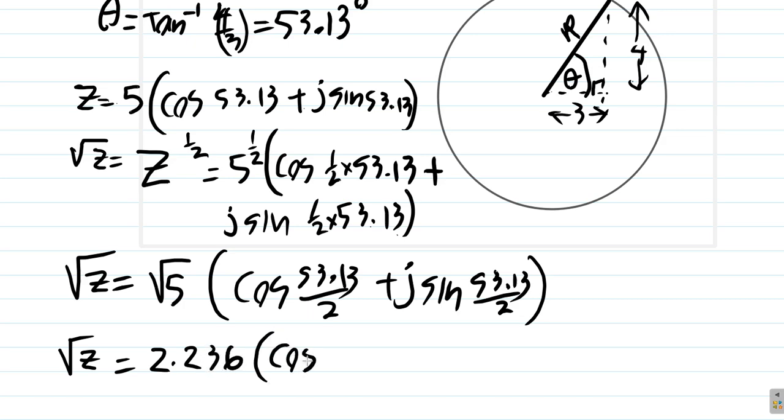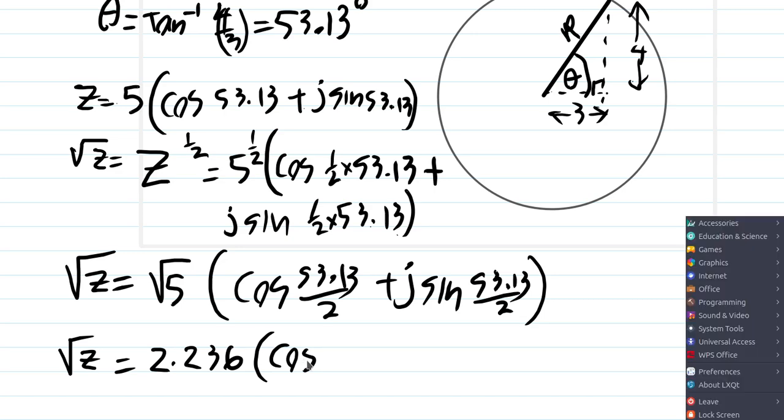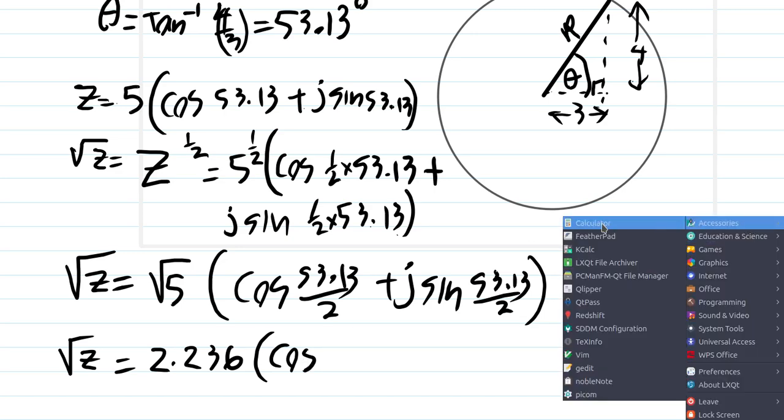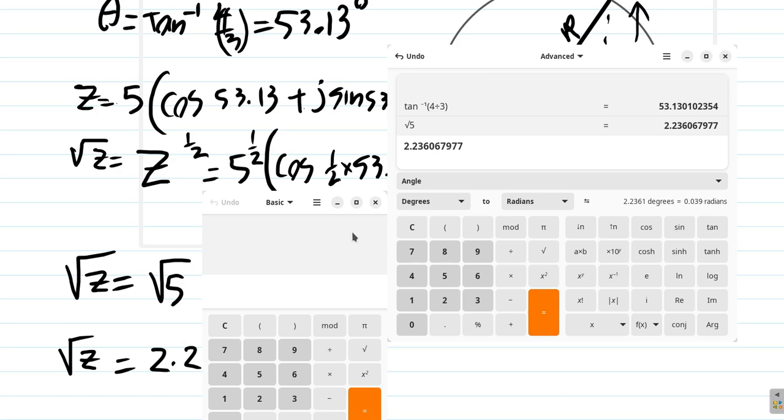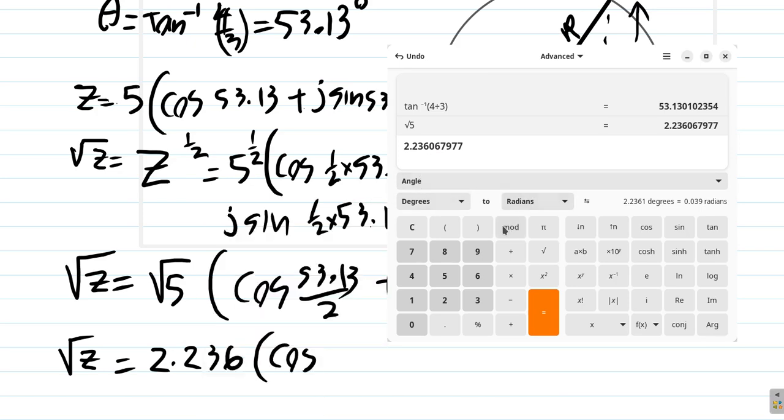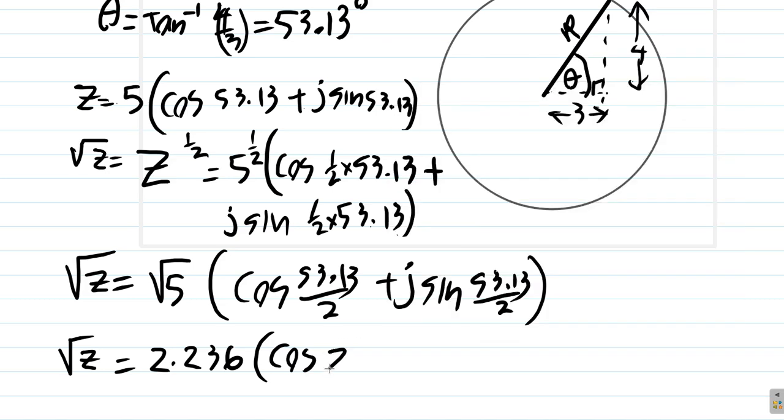2.236 cos, now 53.13 over 2. What is that? 53.13 divided by 2 equals 26.565. So 26.565 plus j sine 26.565.